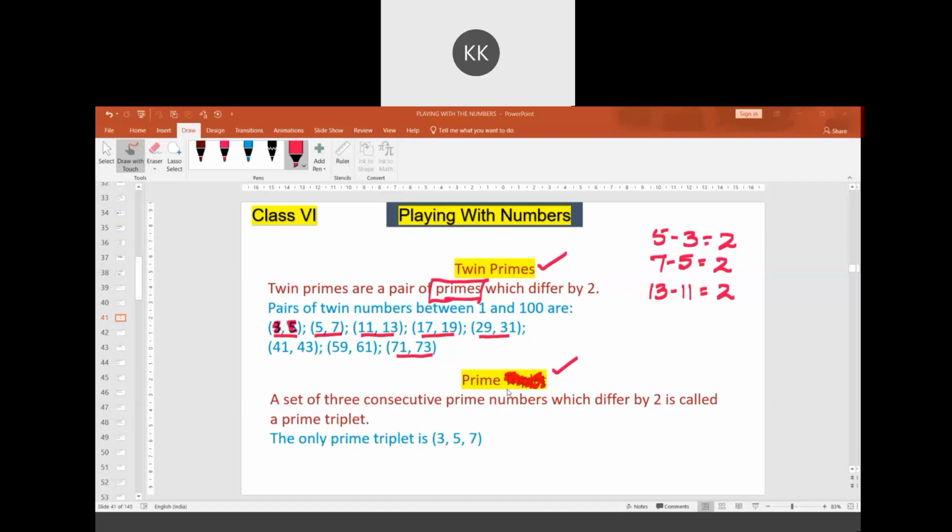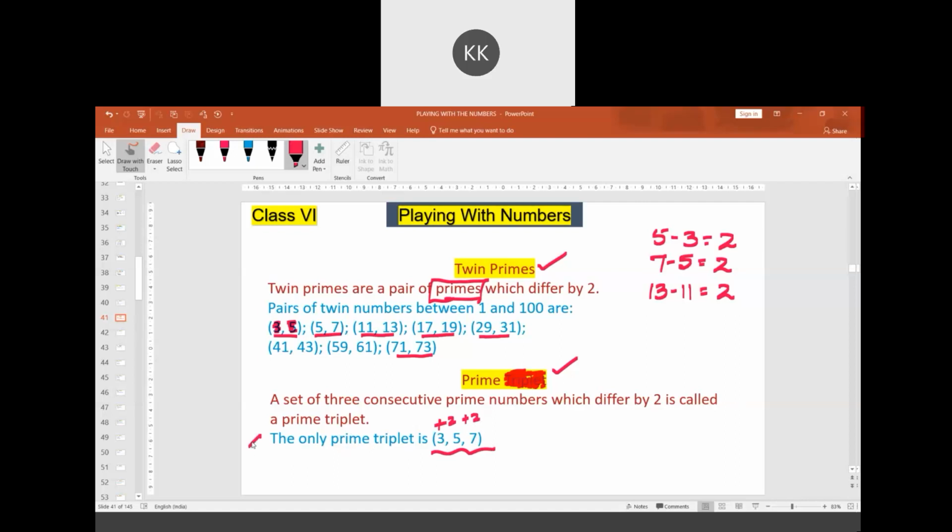Now, as the name suggests, for prime triplets there should be a combination of three numbers such that the difference between the consecutive numbers must be 2. 3 plus 2 gives 5. To that, if you add 2, you get 7. These are the prime triplet.